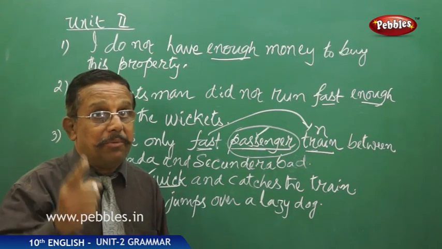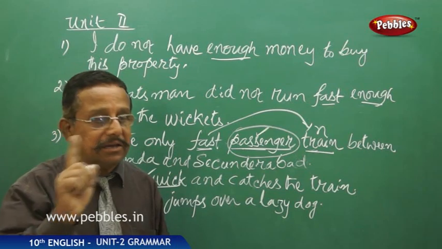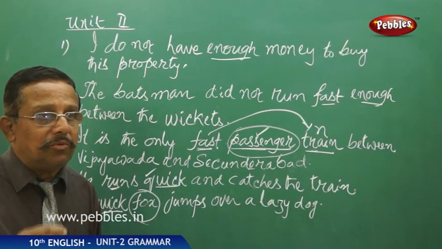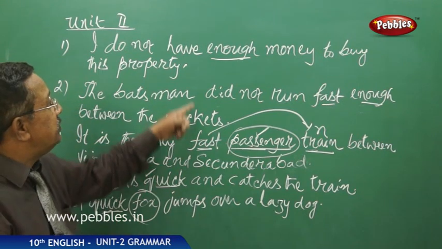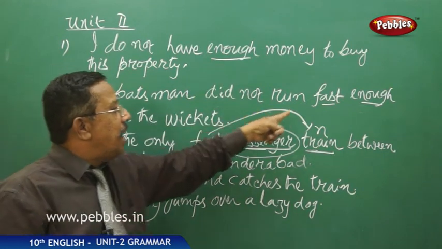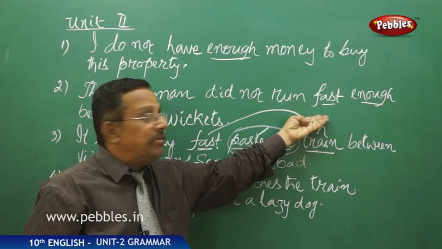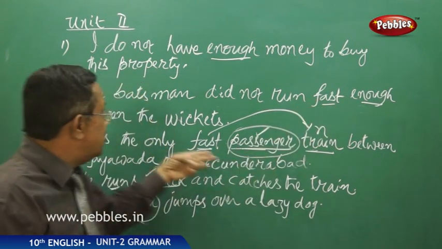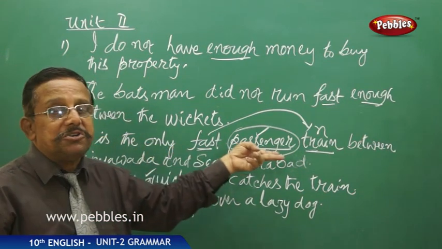After the verb the word modifies, then that is an adverb. Before the noun which it qualifies, then it is an adjective. Here we have seen enough money. Money is a noun, so enough is an adjective. Fast enough. After this verb, after this adverb, we have used enough. That enough is an adverb.